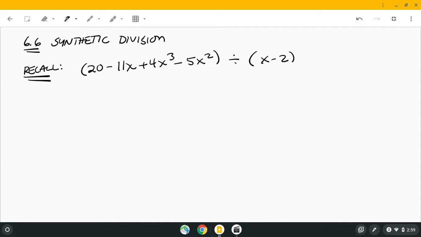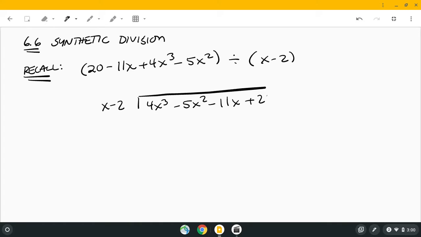So when we did long division, we would have x minus 2 out here. And we would have to put this other polynomial, this one over here, in descending order. Okay, so we would start with the 4x cubed, then the minus 5x squared, and then the minus 11x, and the plus 20. And we don't have anything missing, so we don't have to use 0 for the placeholder.